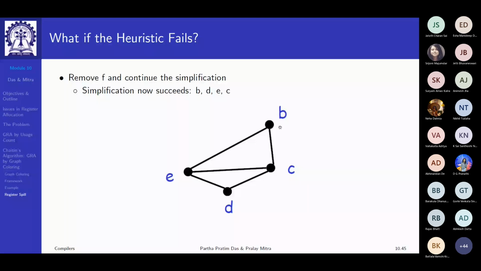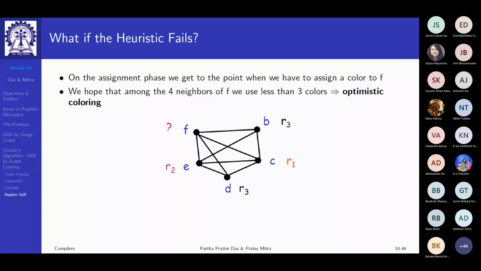I remove B, then D, then E, then C, or some other order, and I have a 3-coloring. So if I put it back onto the earlier graph, I have a 3-coloring for B, C, E, D, and F was spilled, so it does not have a coloring.